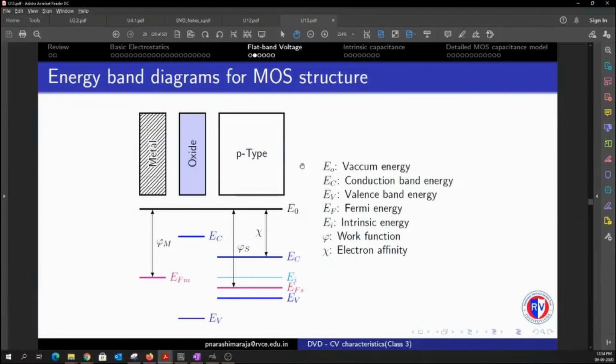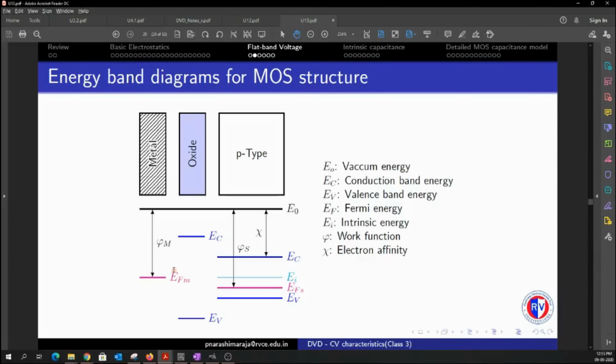This is the energy band diagram of the MOS structure when the layers are apart from each other. Here you can see that there is a metal, and the metal has the Fermi level. I guess you are all familiar with Fermi levels. It is a level that describes the concentration of electrons that we have.